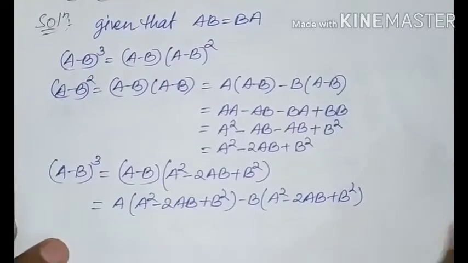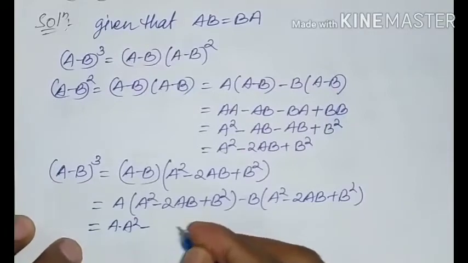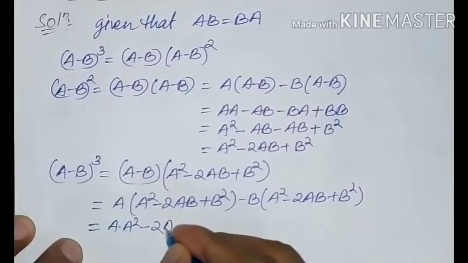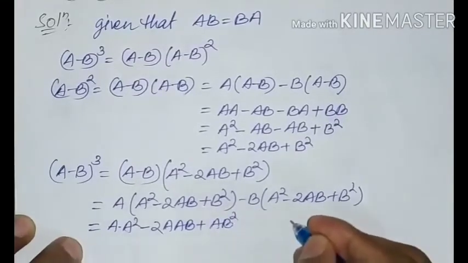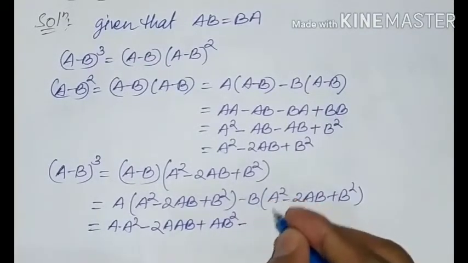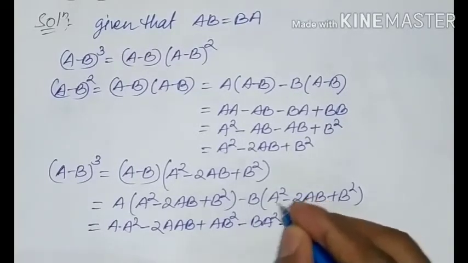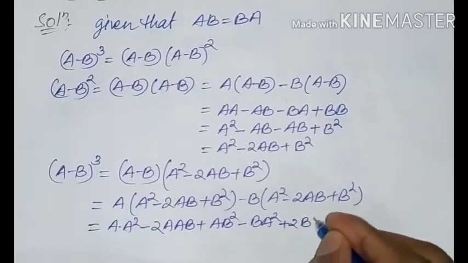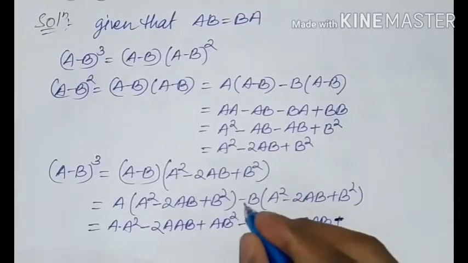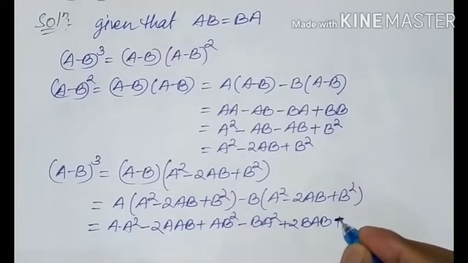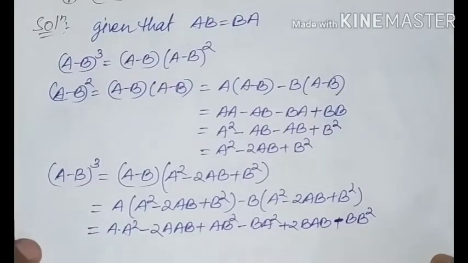Now, A into A square minus 2 times A into AB plus A into B square. Again minus B into A square, minus times minus is plus, 2 B A B, plus, sorry, minus, this is minus times plus, which will be negative, B into B square.